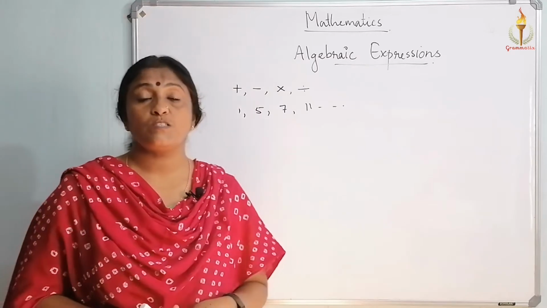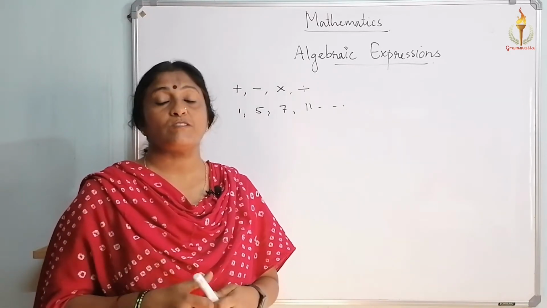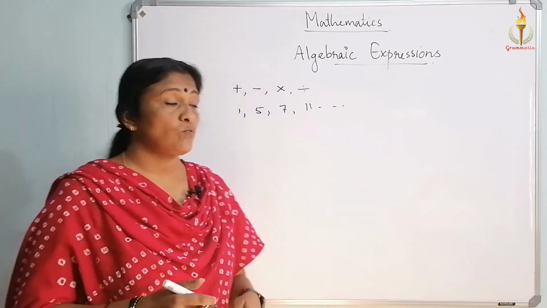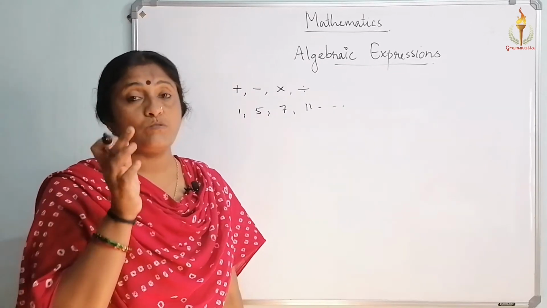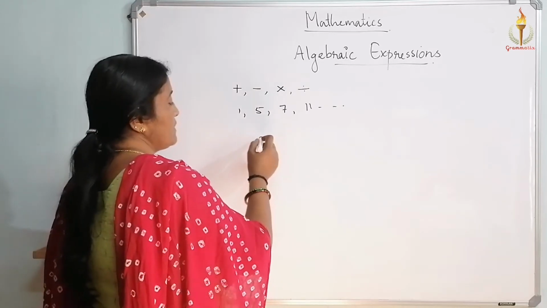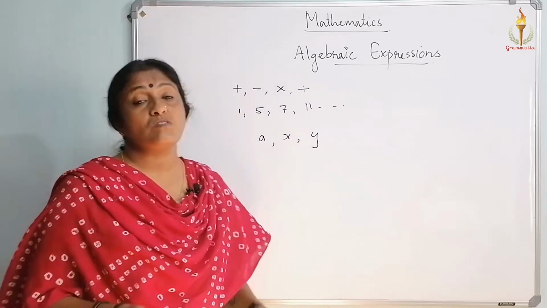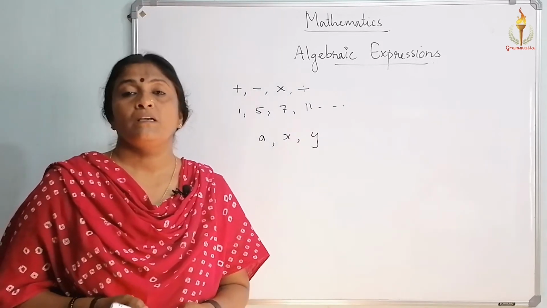In addition to this, we include the use of letters in place of numbers as placeholders. So any letter you can use as a placeholder for the numerals, it can be a, it can be x. x and y are the commonly used, others also we can use.